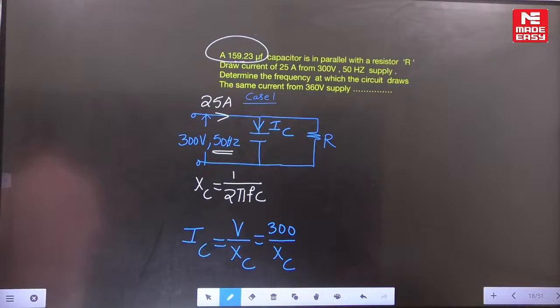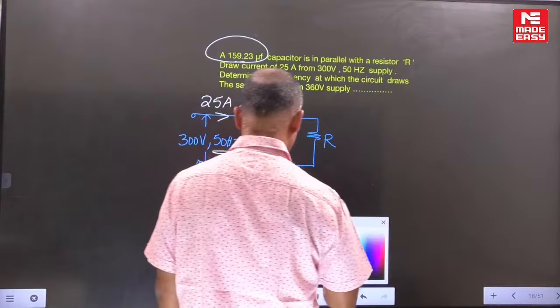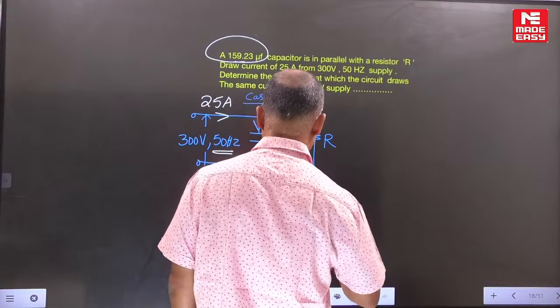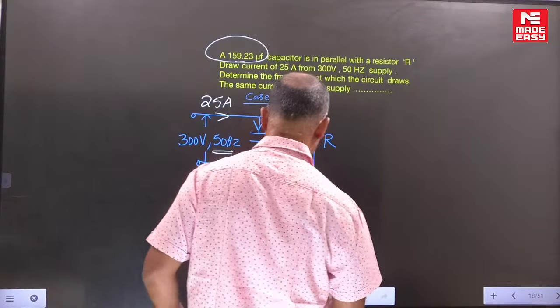Anybody answer the IC value? IC answer, reply. Check karo. IC is 15. If you simplify this one, IC equals 15 amperes.